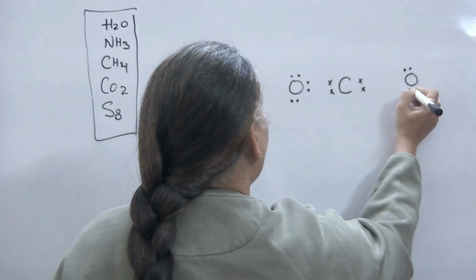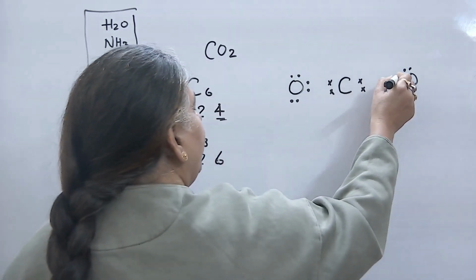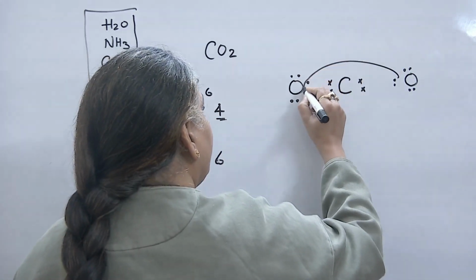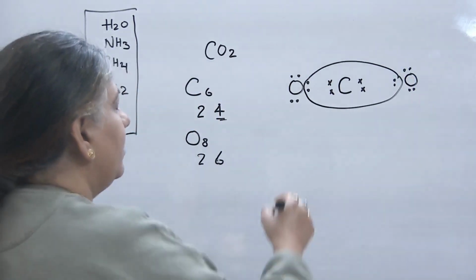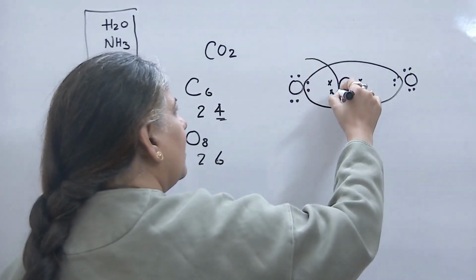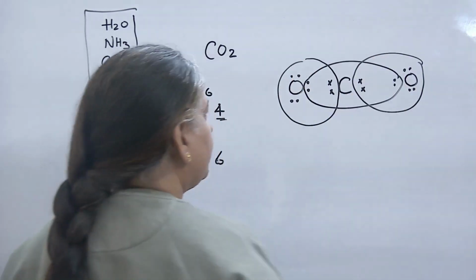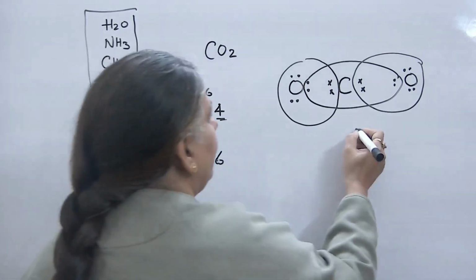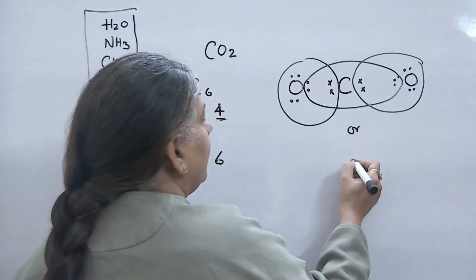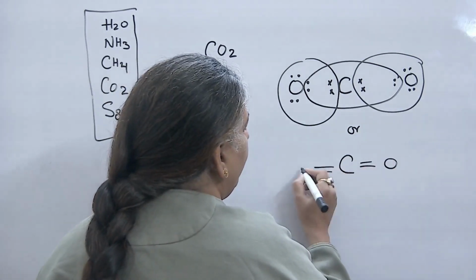2, 2, 4, 5, 6. The carbon will complete the octet like this. It has 8 electrons. See, now the octet is complete. It is represented as carbon, double bond oxygen, double bond oxygen.